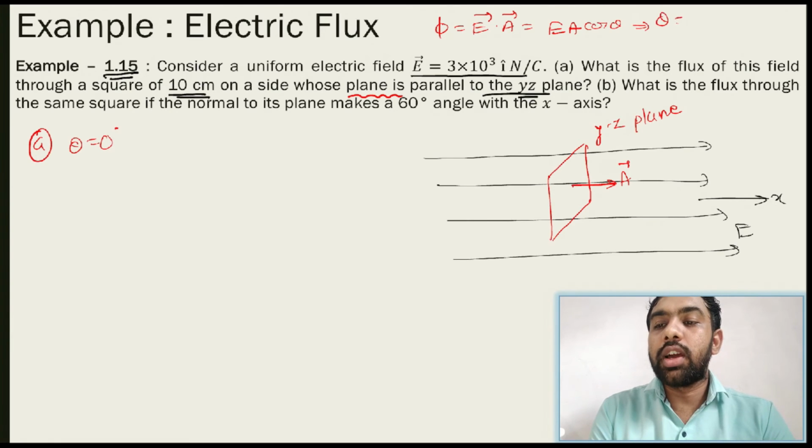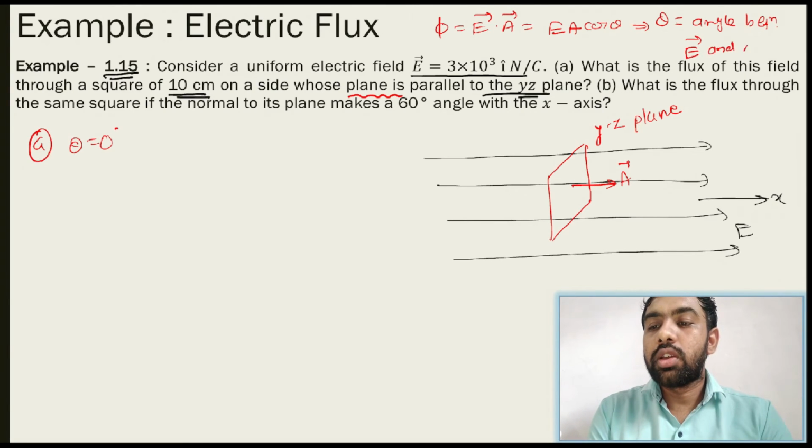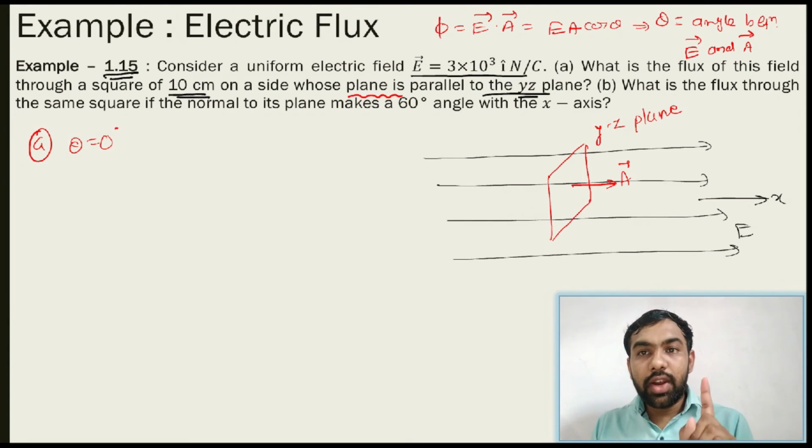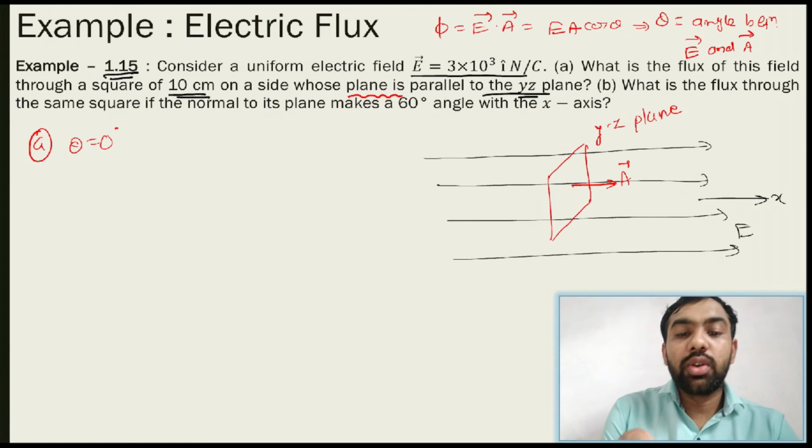Here theta is the angle between E and A. You must remember, it is not the angle between the plane and the electric field, but the angle between the area vector of the plane and the electric field. So theta is equal to 0, and flux Φ is equal to EA cos 0.